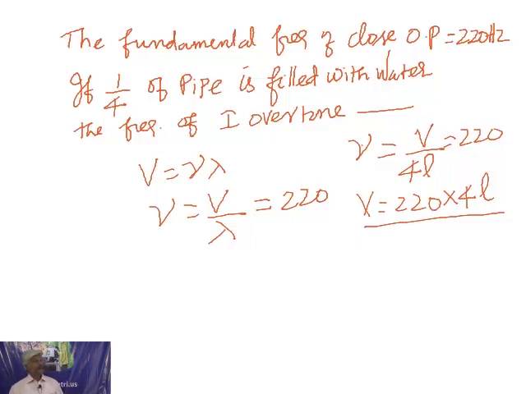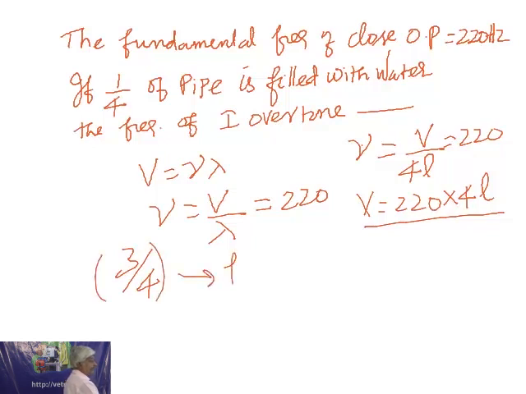The same problem cannot be asked for an open organ pipe because we cannot fill water in an open organ pipe. A closed organ pipe means one side is closed, so everything is filled. The remaining 3/4 is empty, that is the air column. So 1/4 is filled with water means 3/4 is air. For that, what is the fundamental frequency?